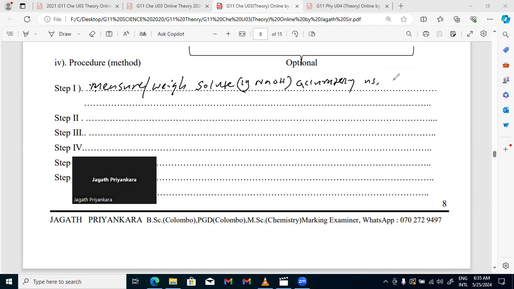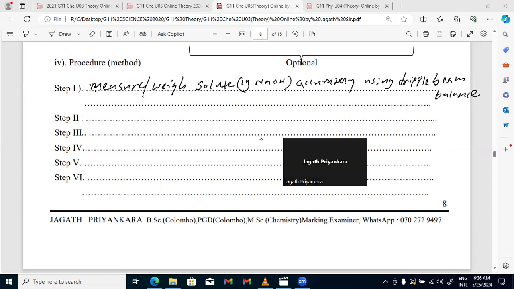Triple beam balance. In Sinhala we call it Tedandu Tulawa. For that you need a watch glass as well, because you can't directly transfer NaOH to the balance, as the balance will corrode.